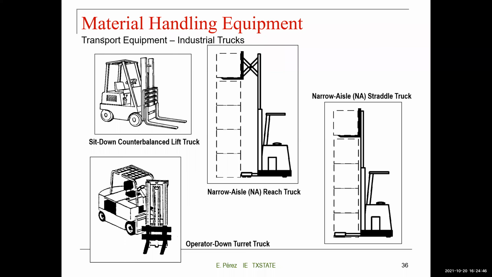Some of them will give you that flexibility in terms of the movement. So this will have the fixed fork, but this one will have more flexibility in terms of movement. So it depends on the application and what you're trying to achieve.